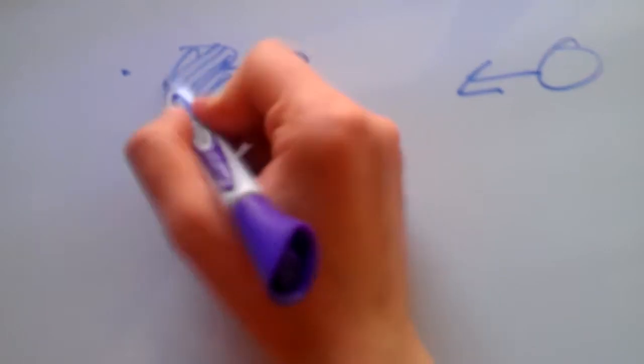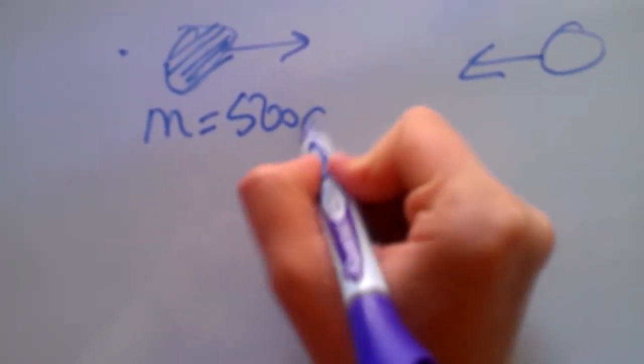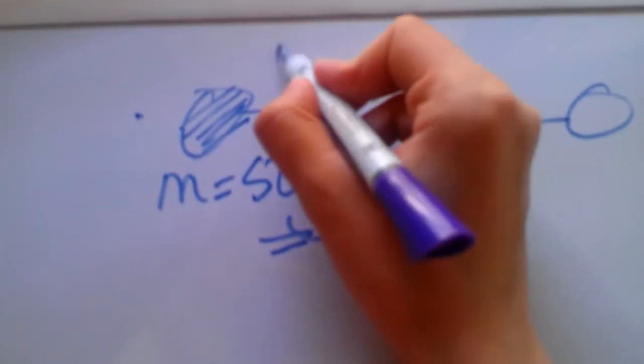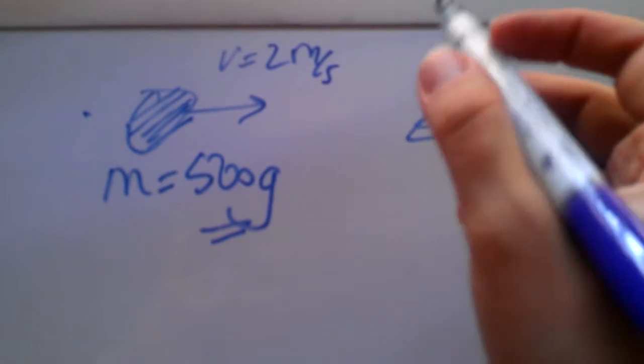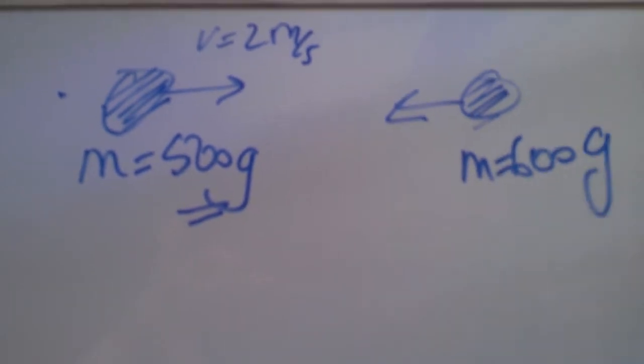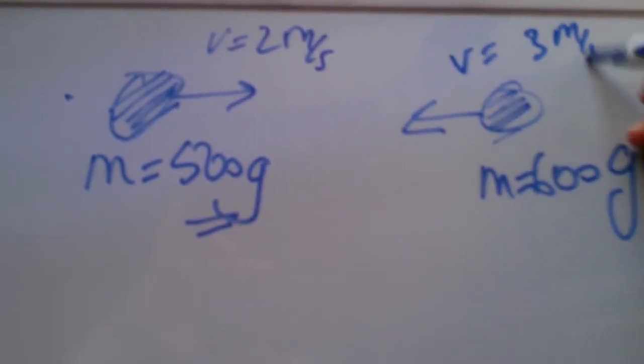I can say one billiard ball has a mass of, let's say, 500 grams, and it goes at 2 meters per second. The other billiard ball has a mass of 600 grams, and this one goes at 3 meters per second.